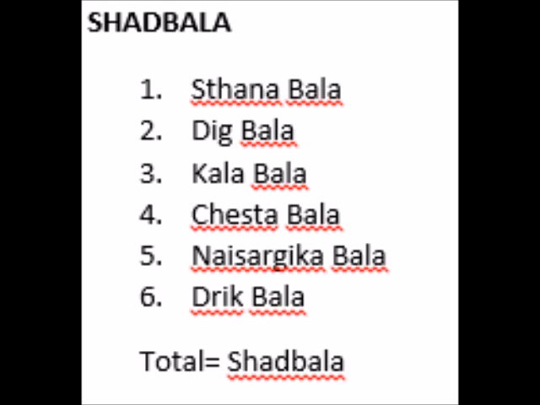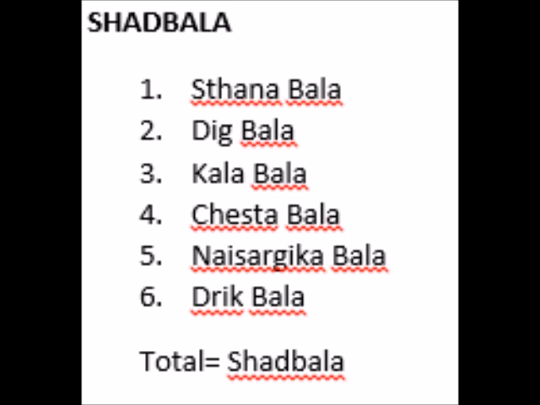So as you see on the screen, I have divided the Shadbala, which is 6 divisional strengths, into 6 types of strength: Sthanabala, Digbala, Kalabala, Chestabala, Naisargika Bala, and Drikbala.